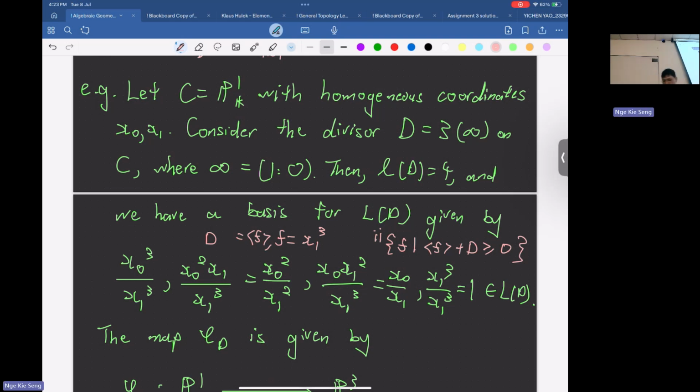So my question is, what happens if you consider, let's say, x0 to the 4 over x1 cubed?